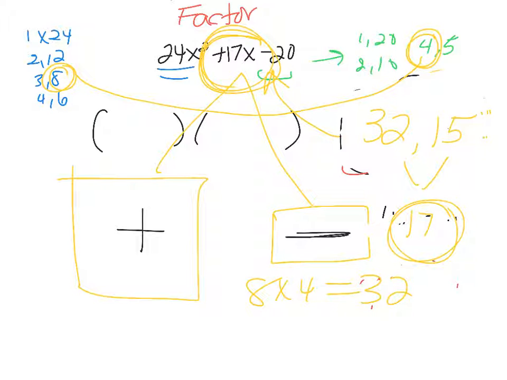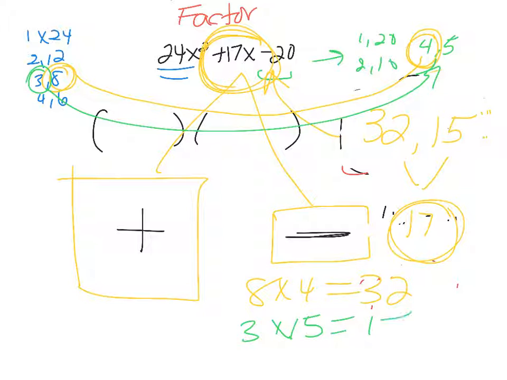And then therefore the other two numbers, 3 and 5, would give me the 15. Now, in this case, in order to combine to be 17, the bigger number needs to be positive. So 32 is going to be positive, and 15 is going to be negative. Now, we're going to come back to that in just a moment.